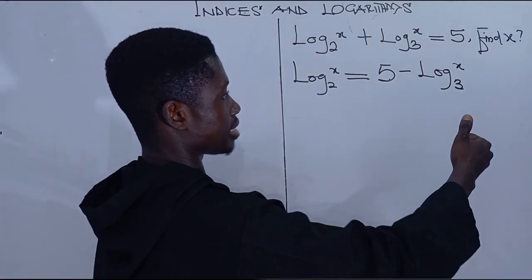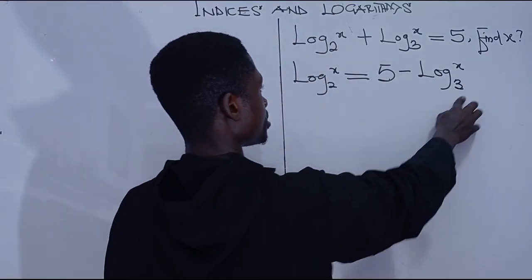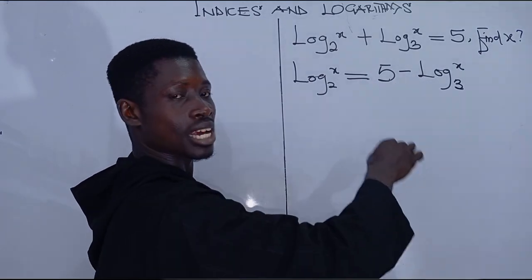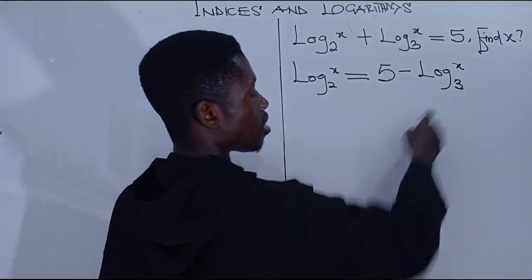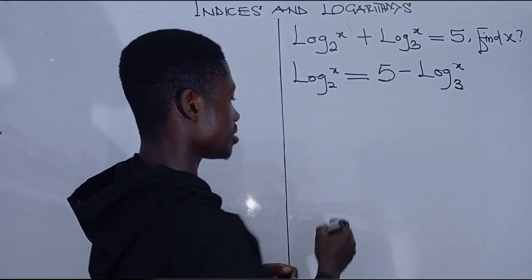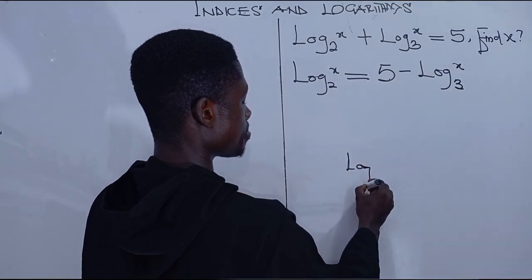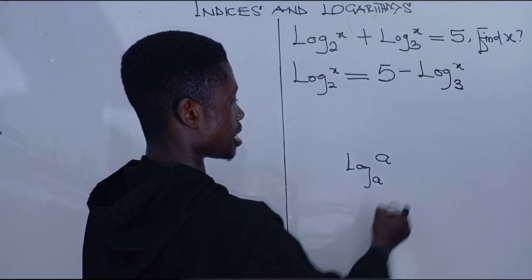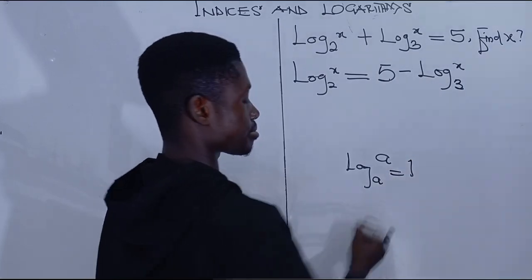So looking at the right hand side, we have log of x to the base of 3. Now let's express 5 in a logarithm form with a base of 3. In logarithm, we said that the logarithm of a number, let's say a, to the base of the same number gives us 1.